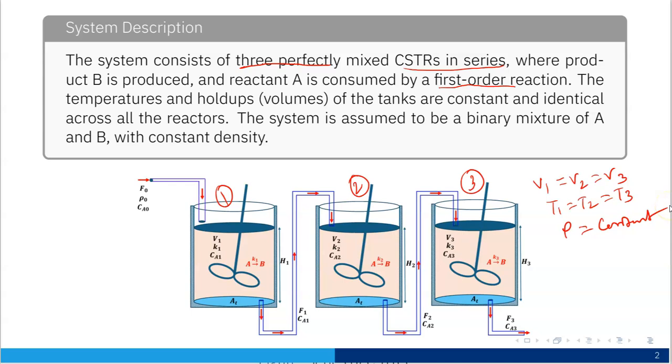Now here Fa0 is the volumetric flow rate at the inlet, ρ0 is the density at the inlet, and Ca0 is the concentration of component A at the inlet.